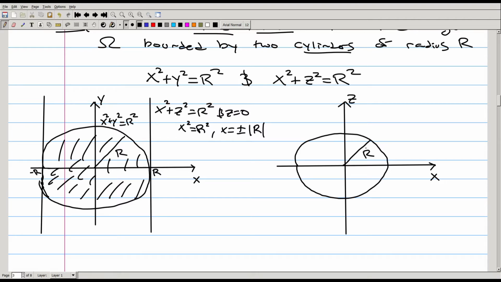That's giving you another circle of radius r. This is x squared plus z squared is equal to r squared. And now this equation, x squared plus y squared equals r squared, is a cylinder along the z-axis, which is again going to give you two vertical lines.